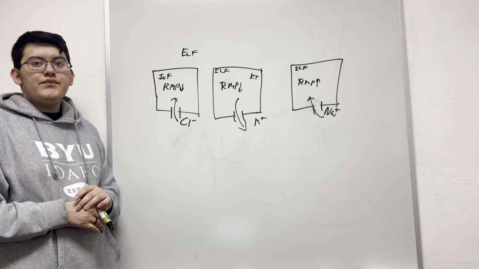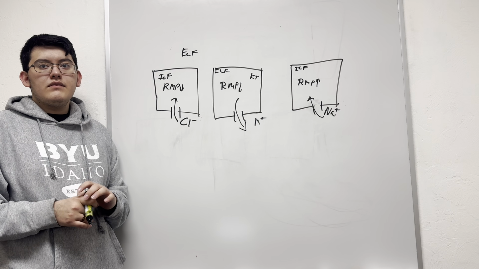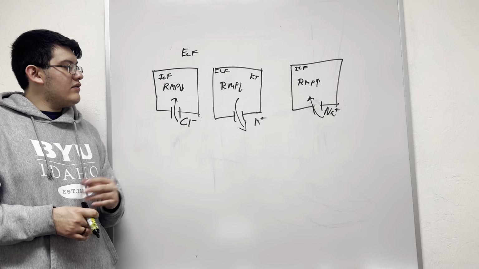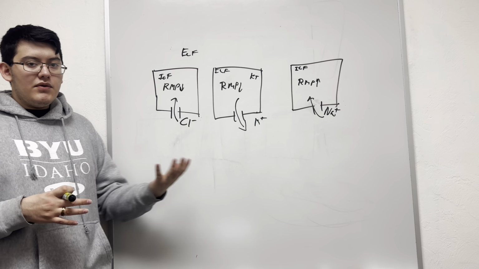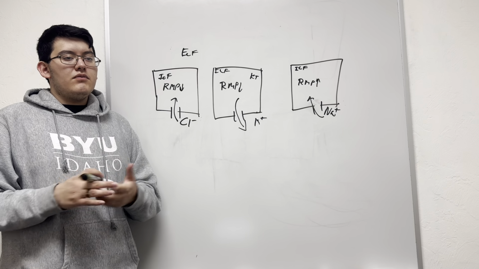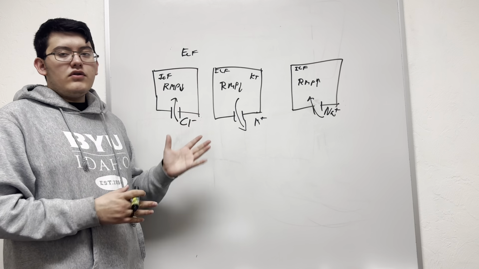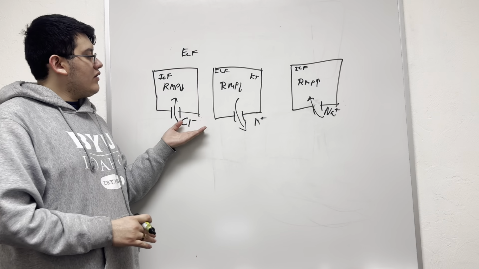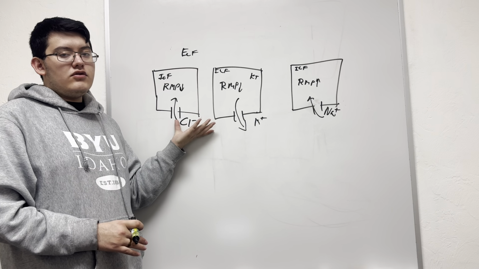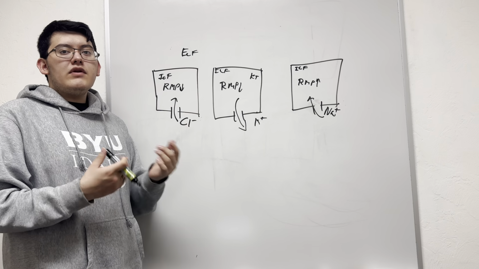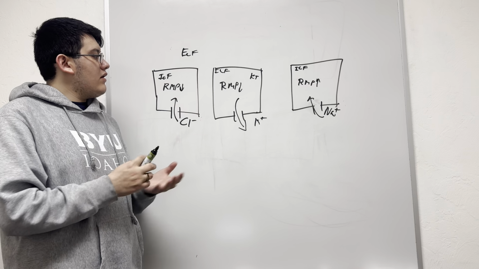Okay, and if those cells are bipolar cells, what will be the result? If these were bipolar cells instead of photoreceptor cells, it would do the opposite. Since these are causing less glutamate to be released from the cell, the same would happen for bipolar cells.